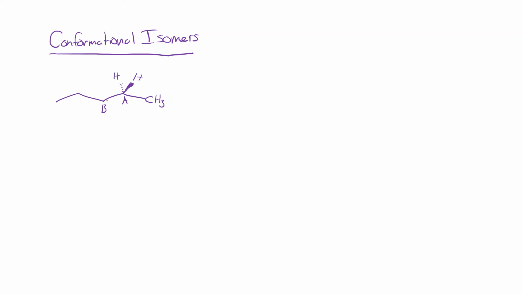When I draw it this way, a wedged or bolded bond means it's coming out of the screen at you, pointed directly out of the screen. And the dashed bond is, of course, the opposite, away from you.